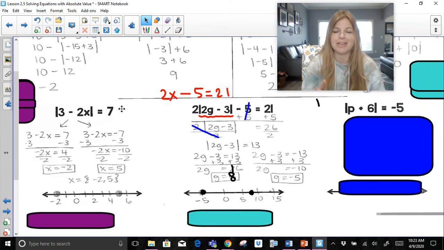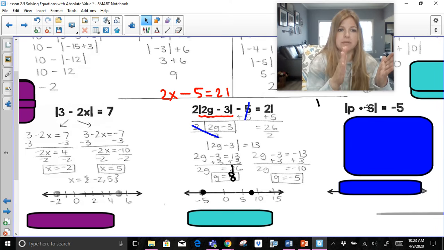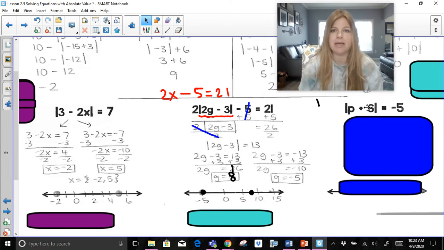The absolute value of anything is always positive. So if you have an absolute value expression by itself and it's set equal to a negative, is that even possible? Could you even take the absolute value of any number and make it negative 5? Like, what if this became negative 5? What's the absolute value of negative 5? 5.